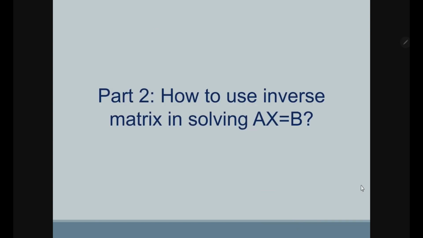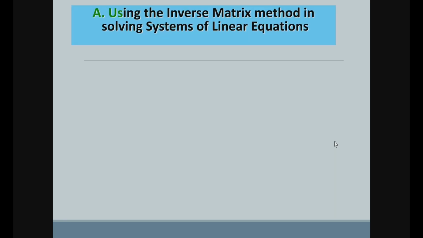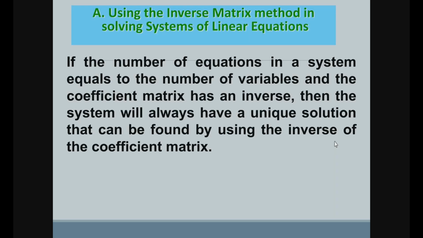Okay, for part 2, how to use the inverse matrix in solving Ax equal to b. By using the inverse matrix method in solving systems of linear equations, if the number of equations in a system equals the number of variables and the coefficient matrix has an inverse, then the system will always have a unique solution that can be found by using the inverse of the coefficient matrix.